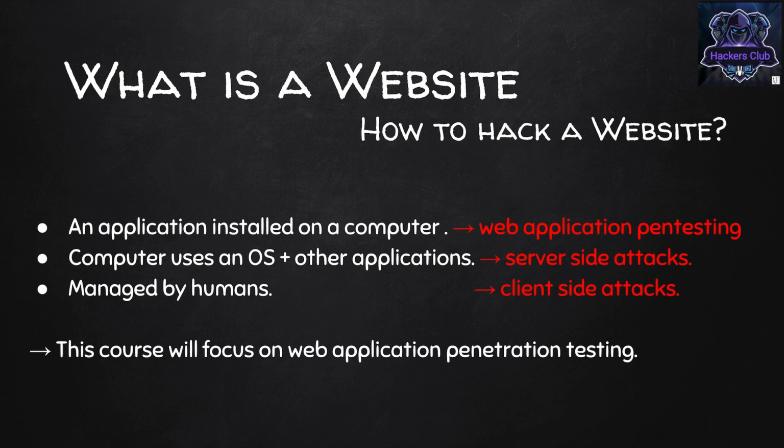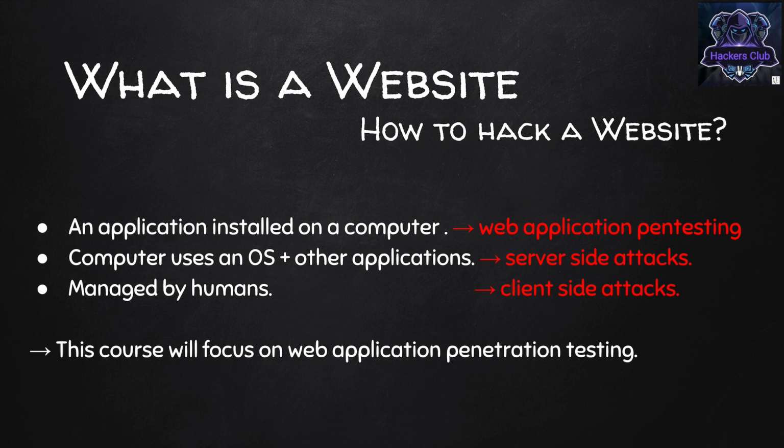Maybe the website is very secure and the server is very secure and there's no way that you can get in, but you can always exploit the humans using social engineering attacks and client-side attacks to gain control of or hack one of the people that manage that target website and then maybe gain access to it.